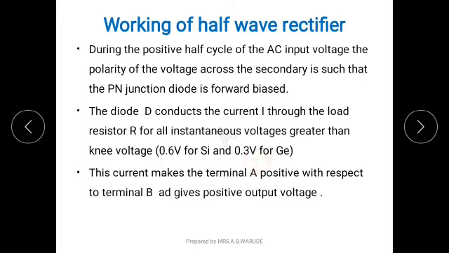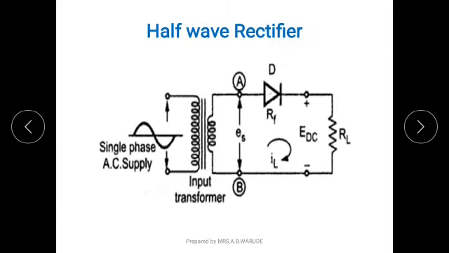That means if we provide voltages greater than 0.3 and 0.6, then the diode conducts, the current increases, and this current makes the terminal A positive with respect to the terminal B and gives positive output voltage. At that time, terminal A becomes positive with respect to terminal B.